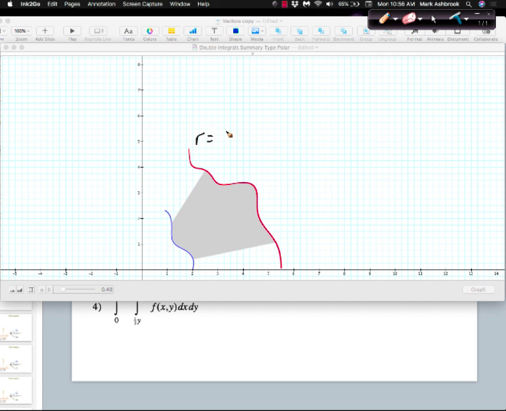So we'll call these F1 and F2, okay? Given some theta, right? Given values of theta, a function would tell you how far you are out from the pole. So this is one such function, the blue one, and then another such function, red. Given a theta, how far are you out from the pole?